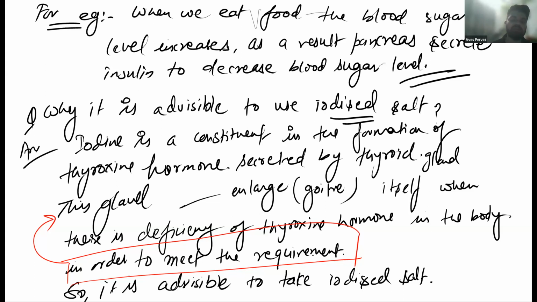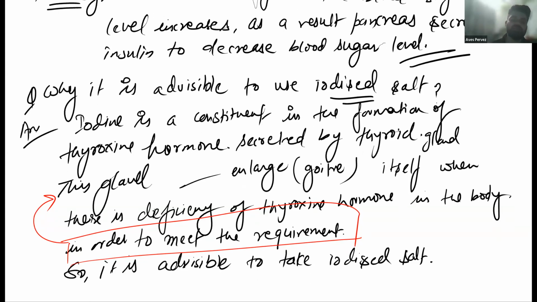Enlarge means it will form goiter. So in order to meet the requirement, it is advisable to use iodized salt. You have to write this portion here. Let me correct it. Okay, wait a minute.